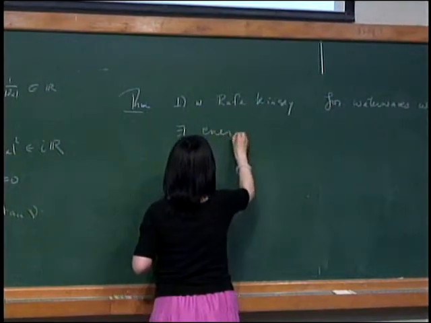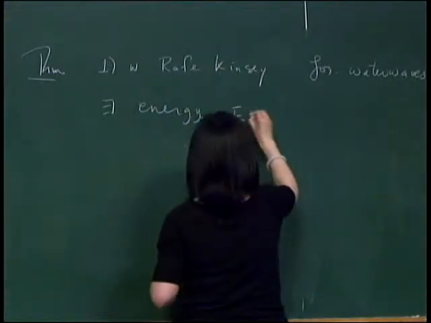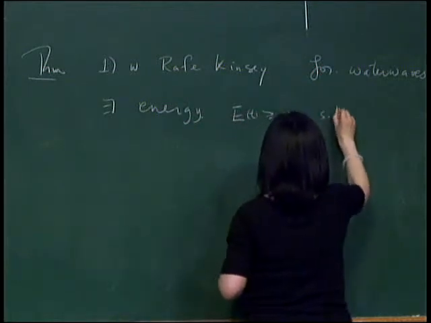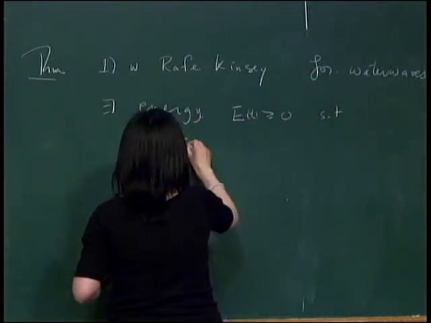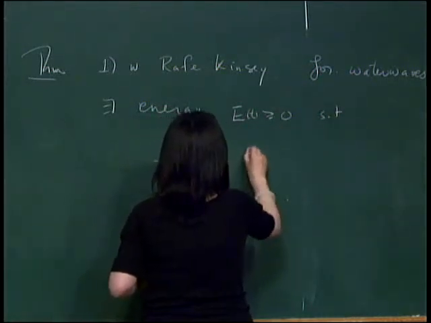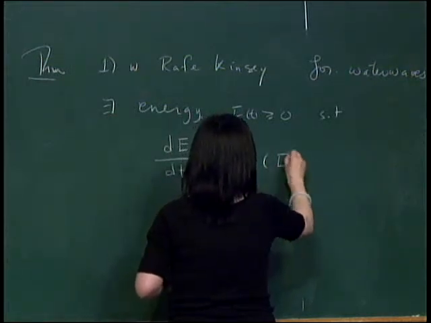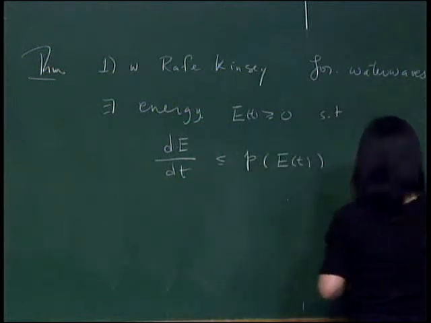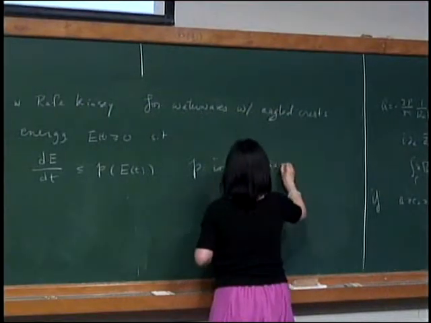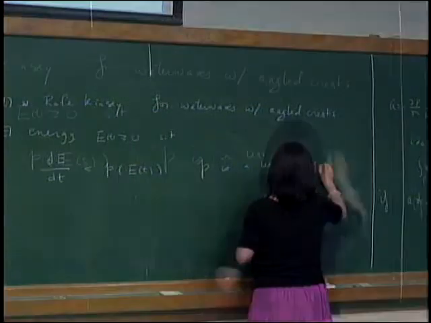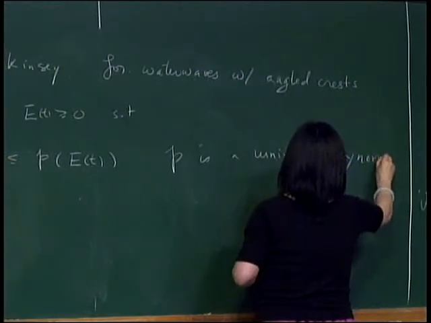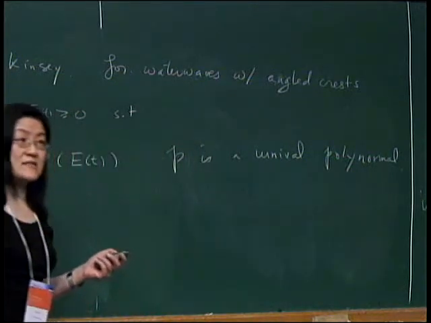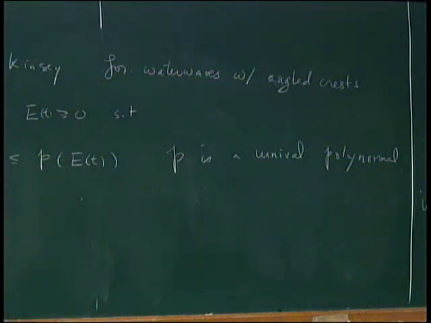We can build an energy E that is strictly positive, non-negative, such that the energy satisfies such a Gronwall inequality. This P is a universal polynomial, and it doesn't depend on the lower bound of negative dP/dN. It's just with some constant coefficients.